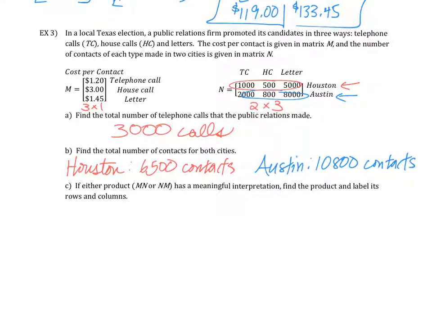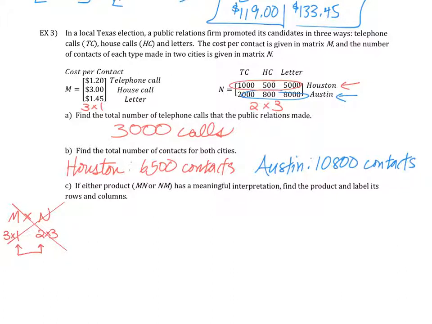And if you'll recall, when we multiply 2 matrices together, the inner dimensions have to match. So if you have M times N like this, we can write the dimensions underneath, 3 by 1 and 2 by 3, and these inner dimensions do not match, so we cannot multiply the matrices in this fashion.